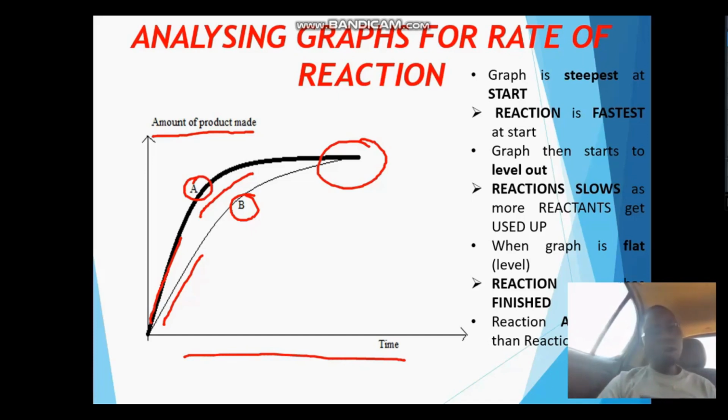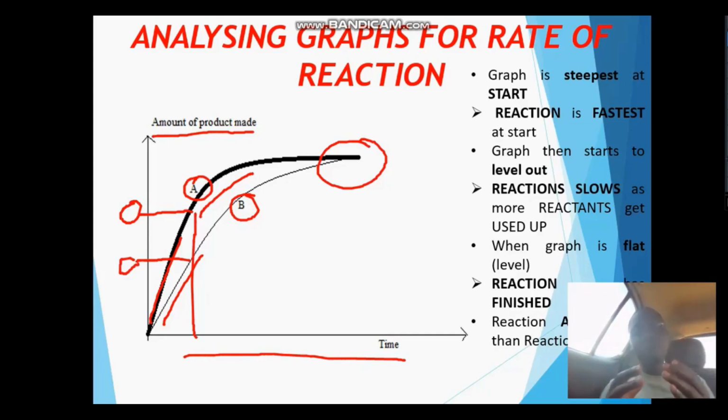Well, when you look at a given time, let's say at this time, you'll note that reaction A will produce this given amount of product, while reaction B will produce this given amount of product. So here, the amount of product is more than what is here. That's why we are saying A is faster than B.